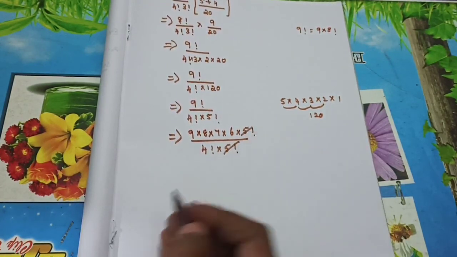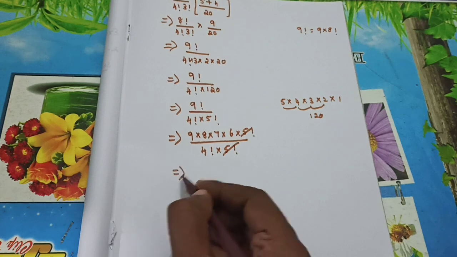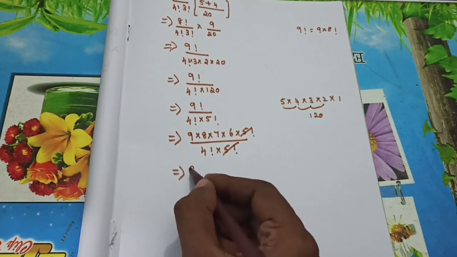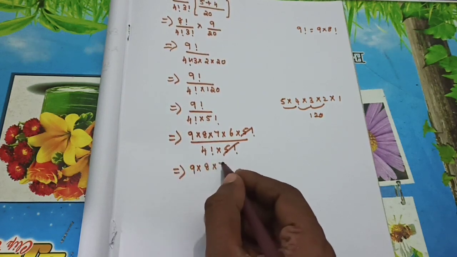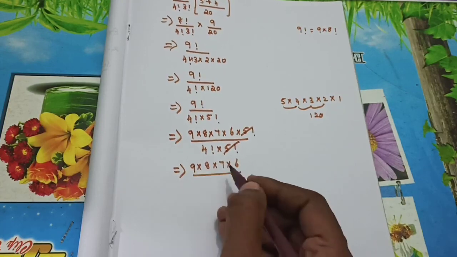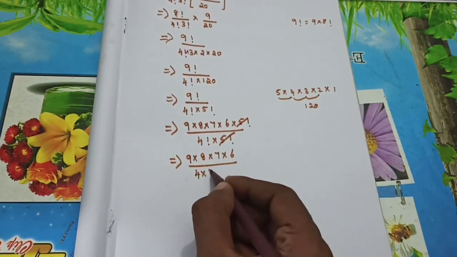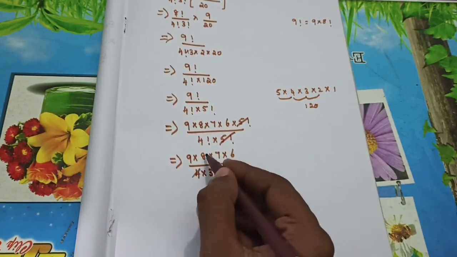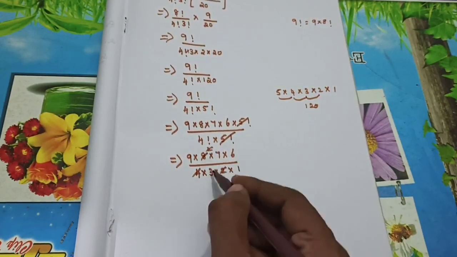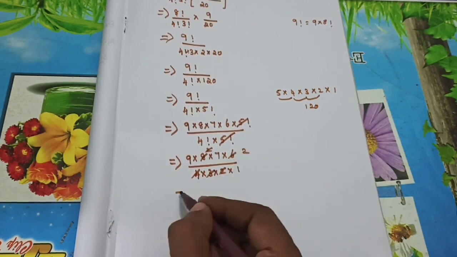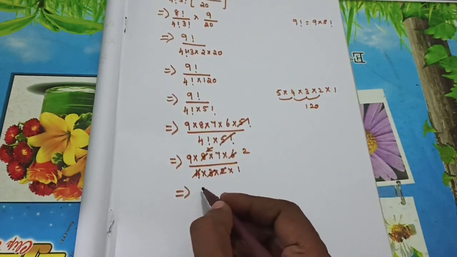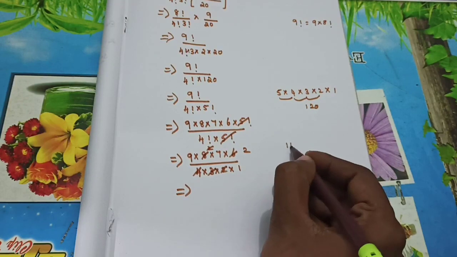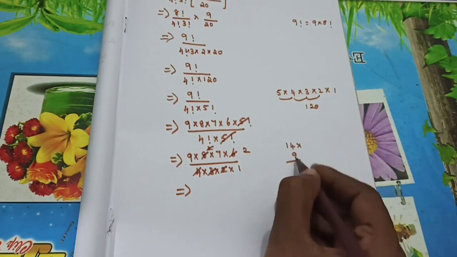So 5 factorial gets cancelled. Denominator 4 factorial, how will you write? 4 into 3 into 2 into 1. Common terms you can cancel. This is 2, again you can cancel, again you can cancel. So what's the value? 9 into 14, so 9 into 14 means 14 into 9.